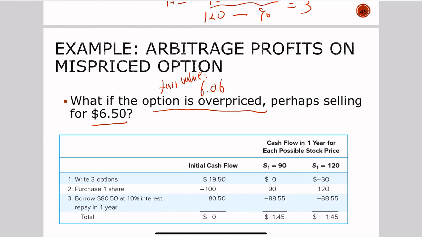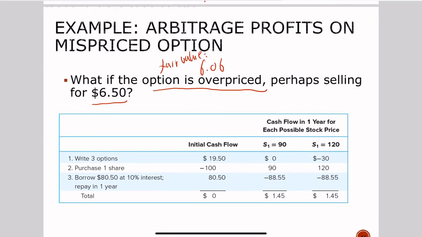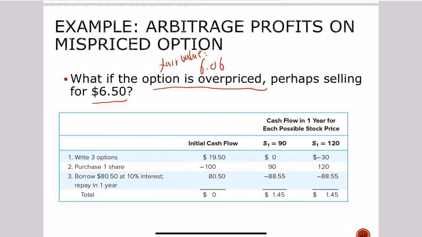Now, can you earn some arbitrage profit? Well, you definitely can, right? Because the option is overvalued, you will definitely want to sell it, right? If we continue to build our hedging portfolio, that is, we have one stock and we write 3 options, by writing 3 options, you will earn 6.5 times 3, right?